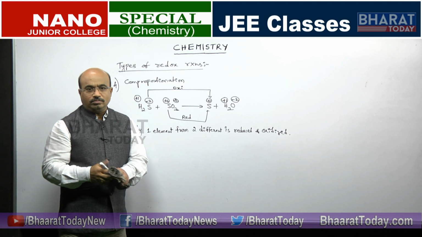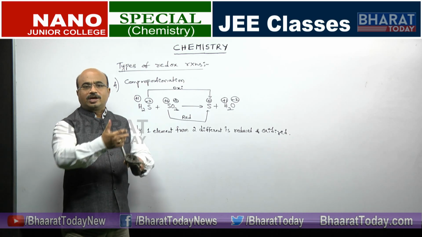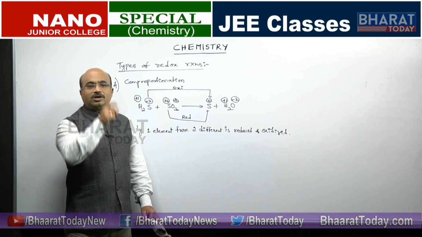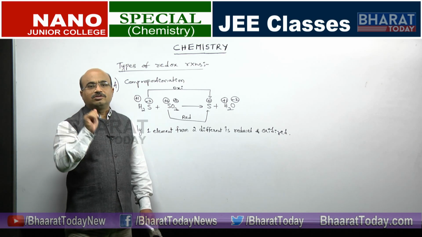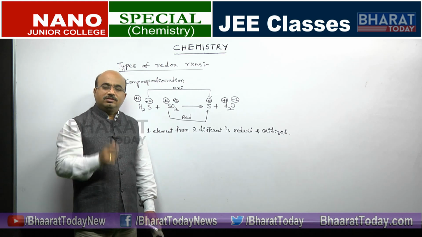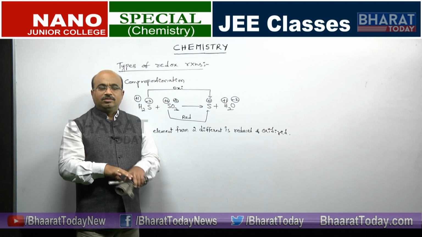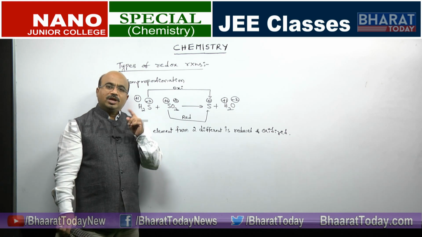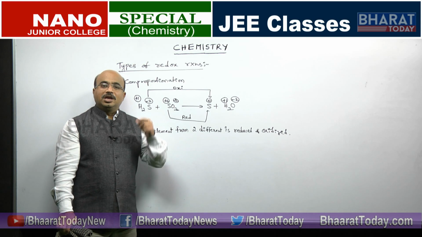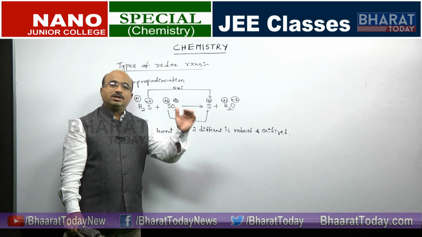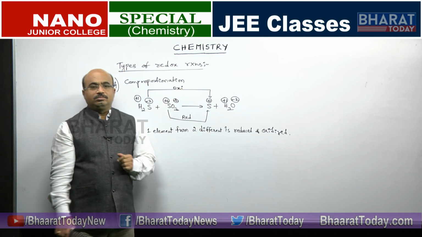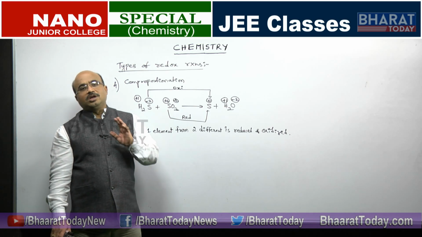So, let us again see the 4 types of redox reactions. The first one is intermolecular, where in one molecule one element will oxidize, and in another molecule another element will reduce. What is intramolecular?